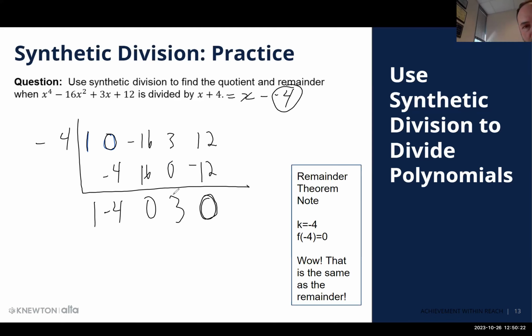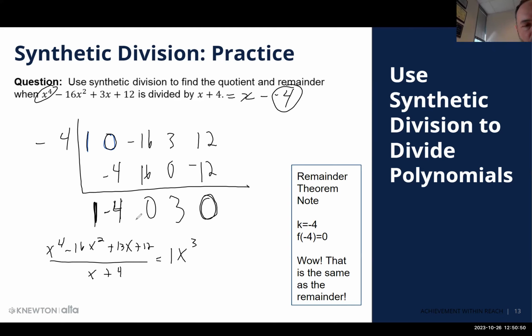So what that is telling me is that if I take x to the 4th power minus 16x squared plus 13x plus 12, and I divide it by x plus 4, I get 1x, this one here, to the third power. I've got to go down 1 power.